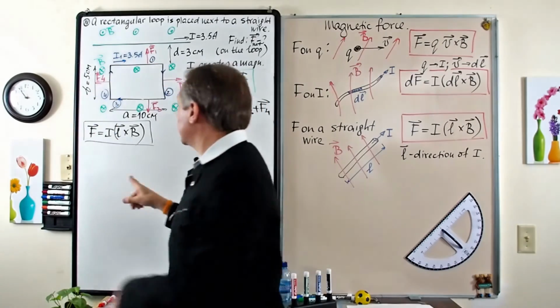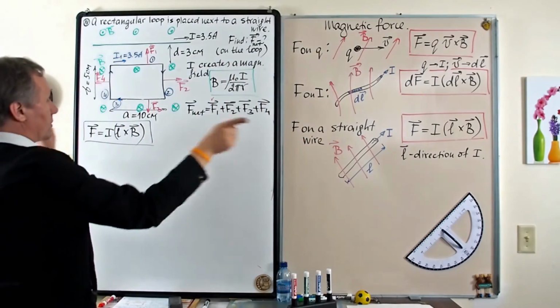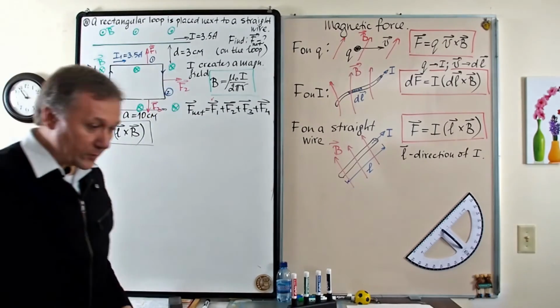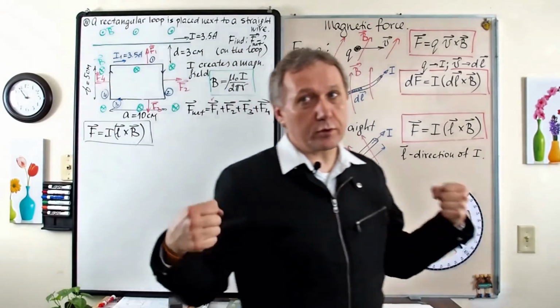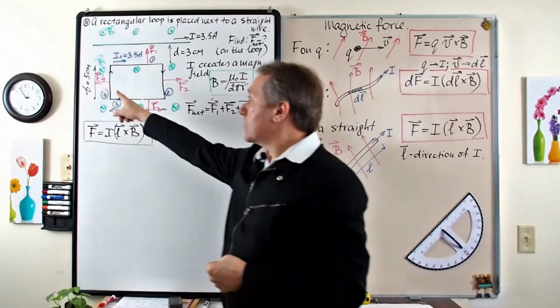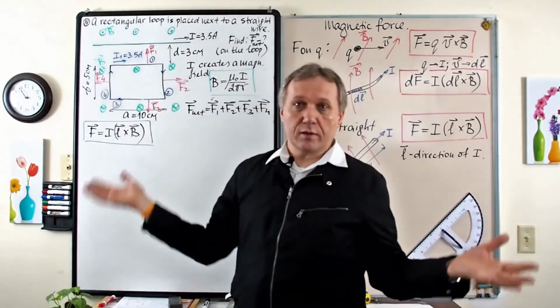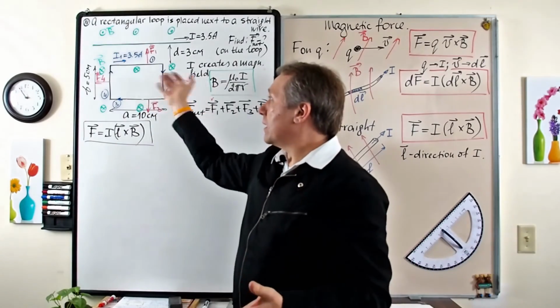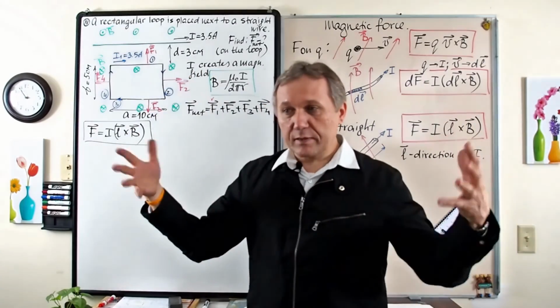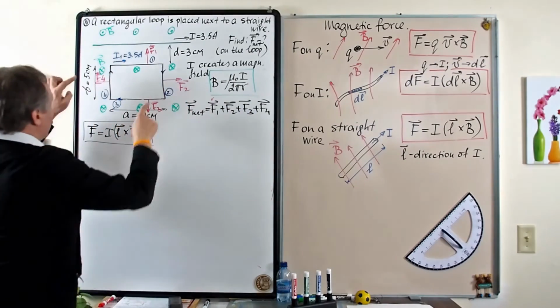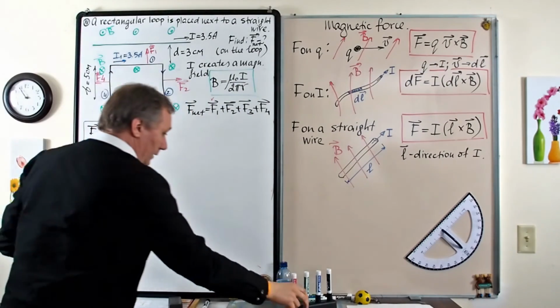But they act in opposite directions. So if we assume that this loop is rigid enough, so we cannot distort it, this force will just cancel out this force. They just balance each other out without giving us any net force. So F2 cancels F4.